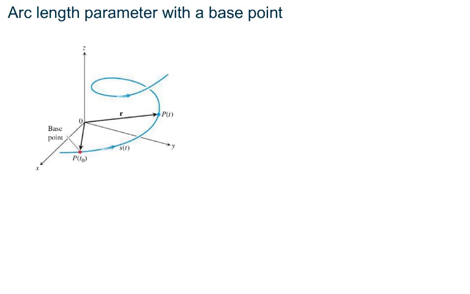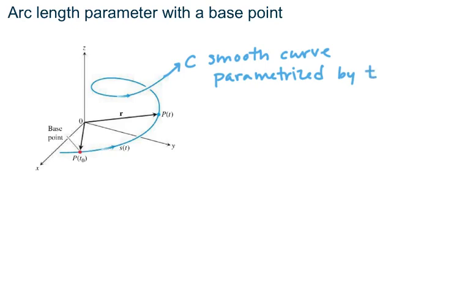Given that we have some curve, this is my curve C, a smooth curve, parametrized by t. For each value of t, we might have t equals 0, t equals 1, t equals 2, t equals 3. They're all giving me these different r vectors.